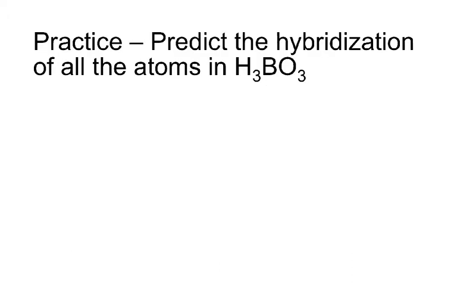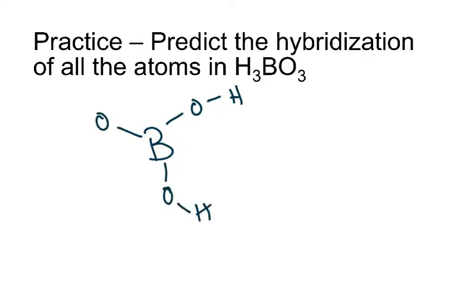Let's go back to our boric acid, which we've looked at before. So I will draw it in a way that indicates the angles, except for this hydrogen here, which should be down a little bit farther because it's not linear. There we go.